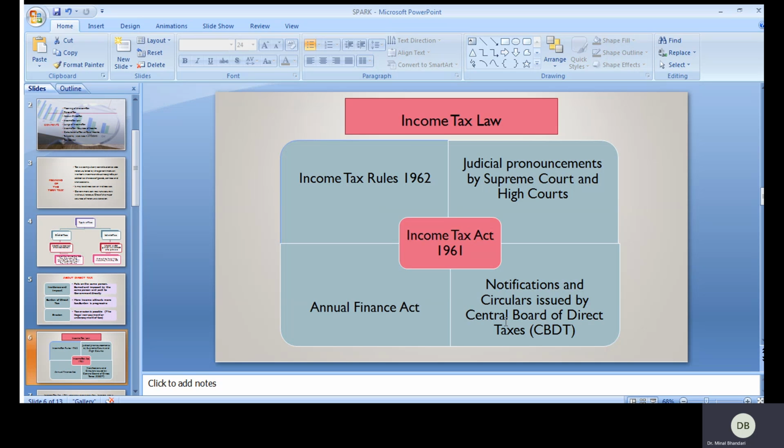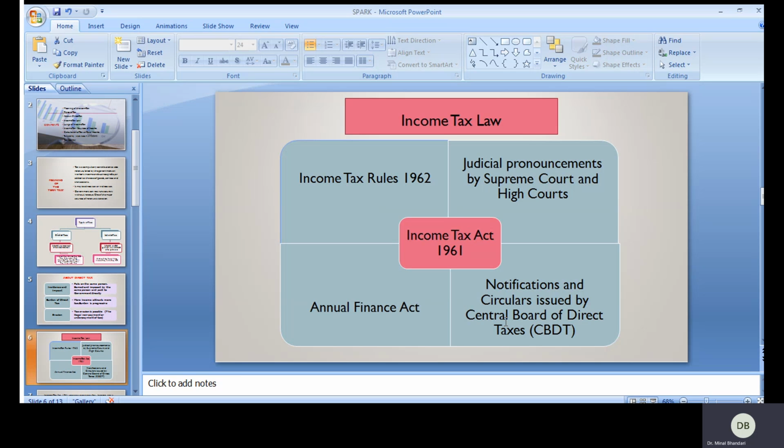Every law plays a very important role in the smooth functioning of our nation, and that is why income tax law takes care of the smooth functioning of our nation, because taxes are the main source of revenue of every country.